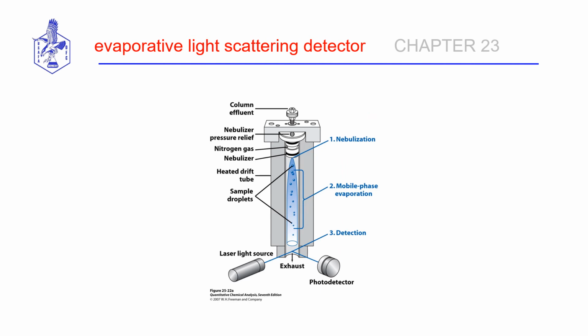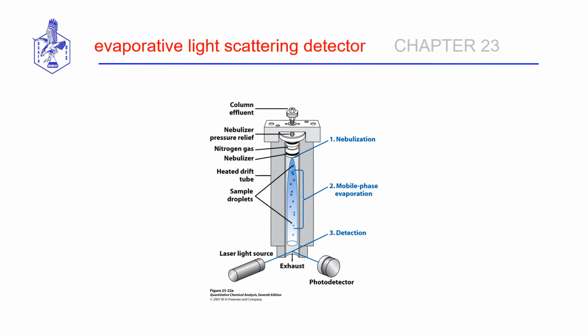Another option of detection is an evaporative light scattering detector, an ELS. Oftentimes when we're doing LC, we want a detector that's going to respond to any analyte as it comes off the end of the column. This is one of those.